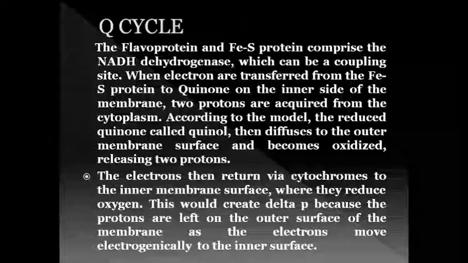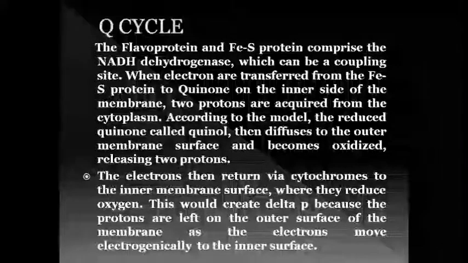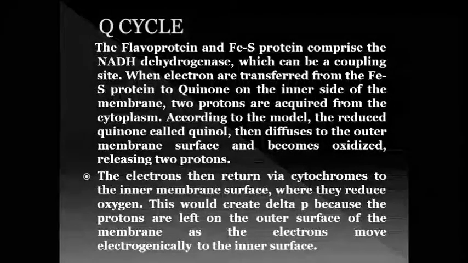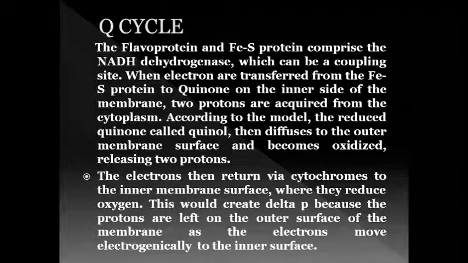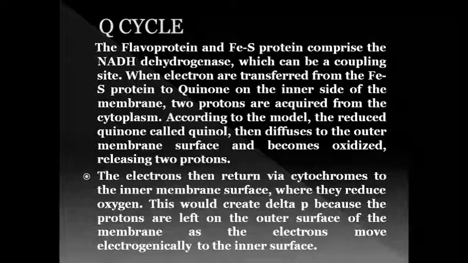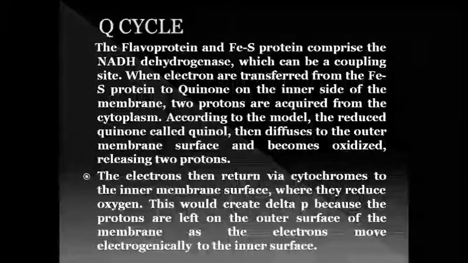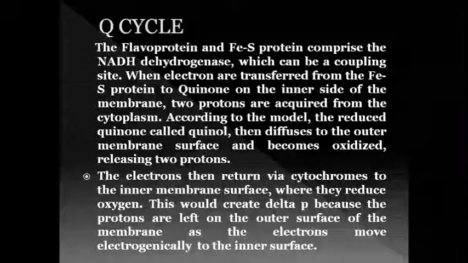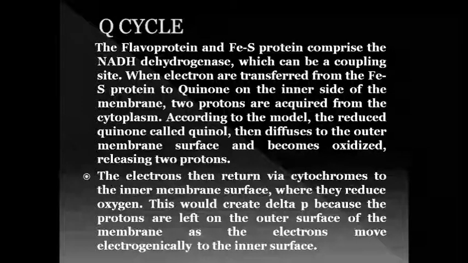When electrons are transferred from iron sulfur protein to quinone on the inner side of the membrane, two protons are acquired from the cytoplasm. According to this model, the reduced quinone called quinol then diffuses to the outer membrane surface and becomes oxidized, releasing two protons. The electrons then return via cytochromes to the inner membrane surface where they reduce oxygen.